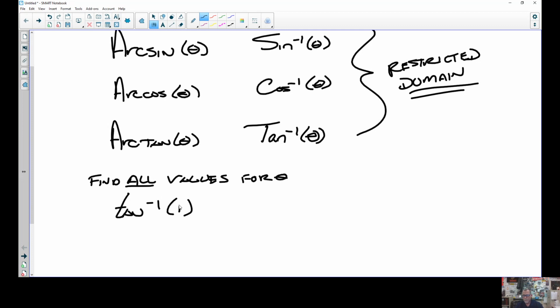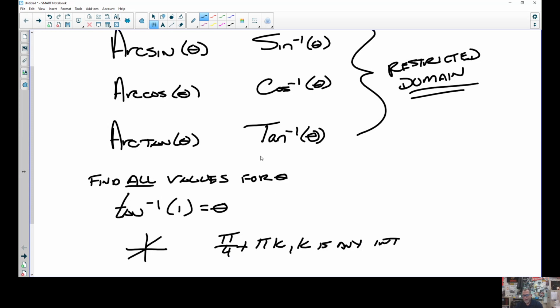So tan inverse 1 equals theta, we'll say. Well, when we did this, we had to say, well, theta could be, we know tangent is 1 here. It's also 1 here. And then it keeps happening repeatedly forever, right? So how would we say that? Well, we would say pi over 4 plus pi k, where k is any integer, right? That was our approach to this. That way we covered all the solutions for this.